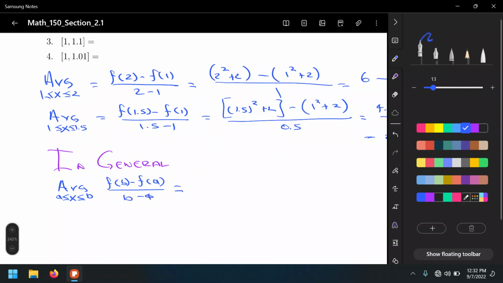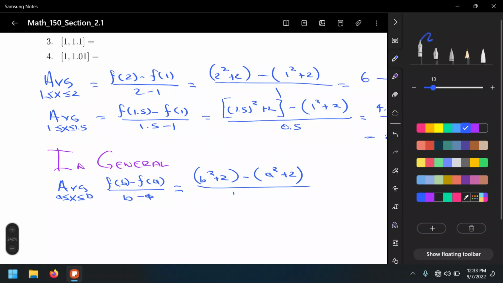Well, applying this to the function that we have, which is x squared plus 2. We're going to plug in x squared plus 2 at b and subtract whatever we get from plugging in at a. That is b squared plus 2 minus a squared plus 2, right?